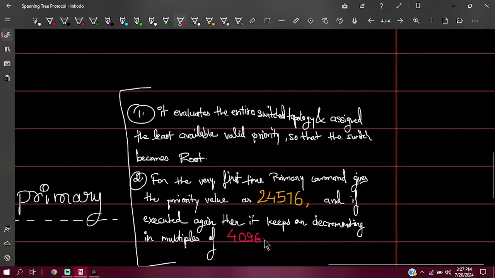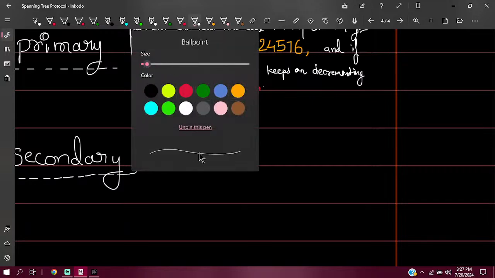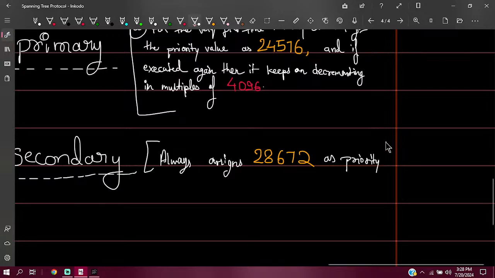So yes, 4096 has a significant value in the per VLAN spanning tree scenario. I'm going to explain that very soon. But before that, let's quickly look at the secondary keyword. Secondary keyword will always assign the same priority value, that is 28672. Always assigns 28672 as priority. Never changes.